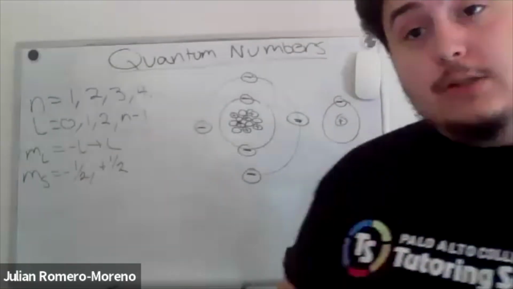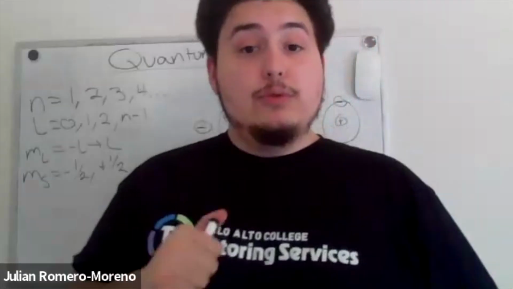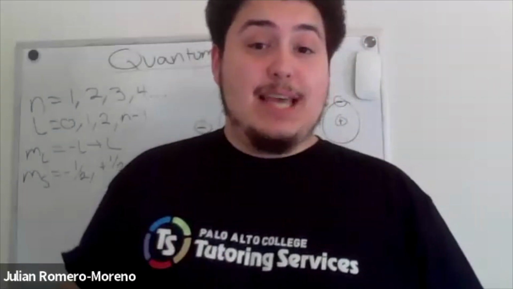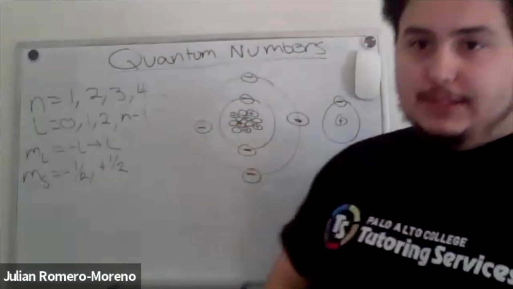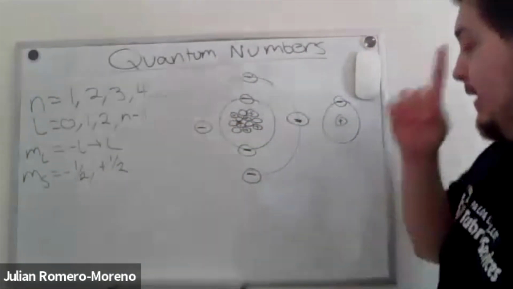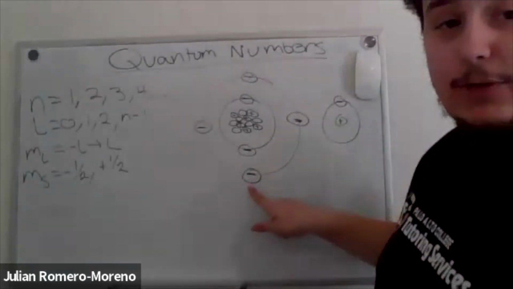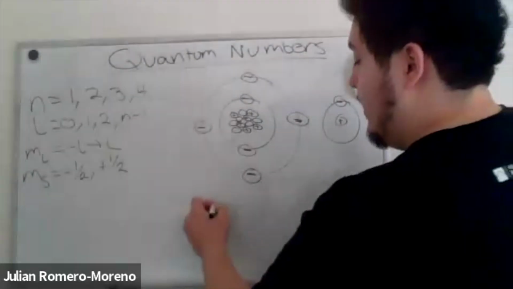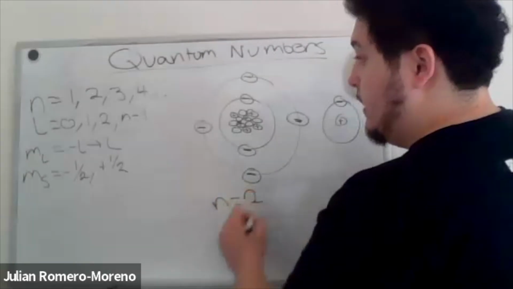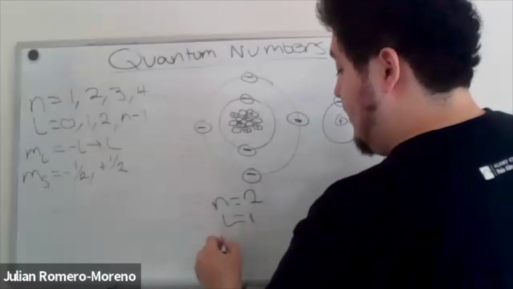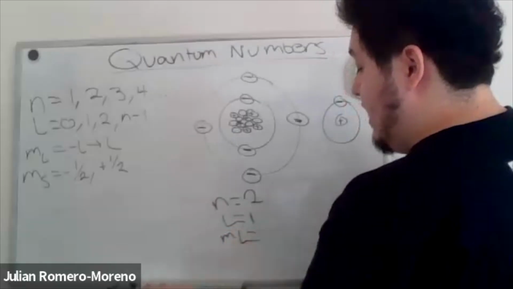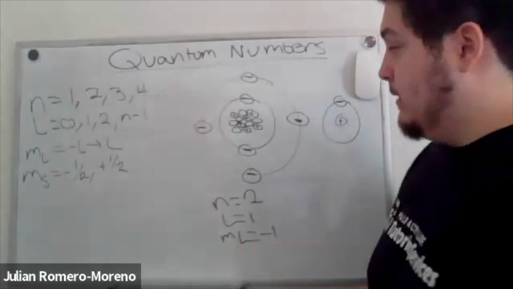The Pauli exclusion principle tells us no two electrons can have the same set of quantum numbers. There will always be one of these numbers that is different between them. So for this electron, it could be n 2, could be l 1, and it could be ml of, let's say, negative 1.